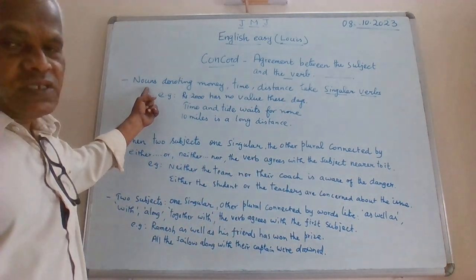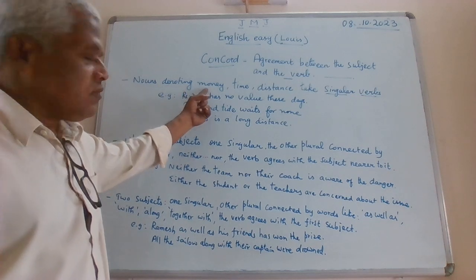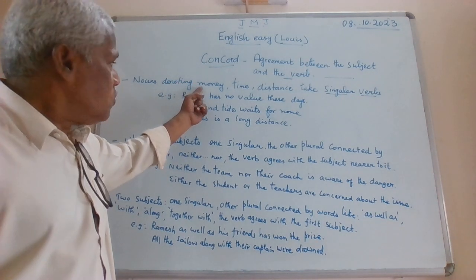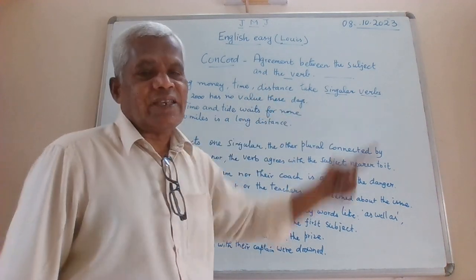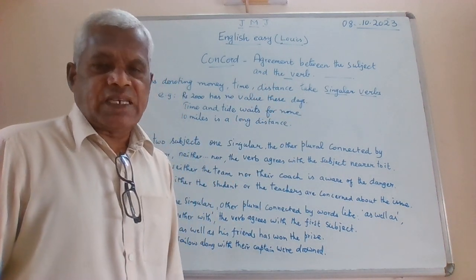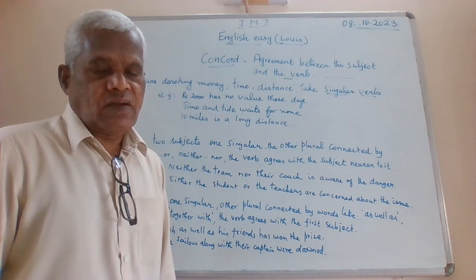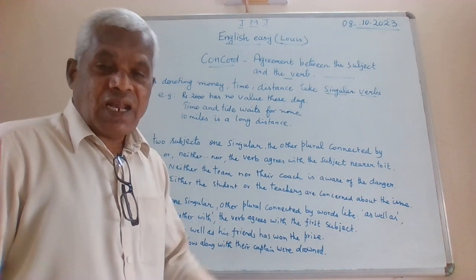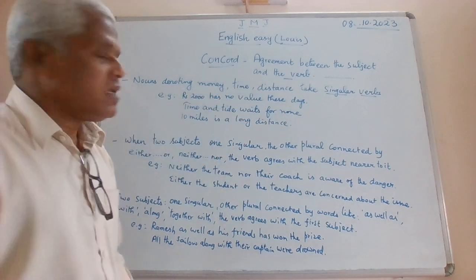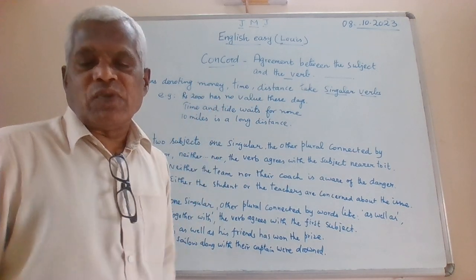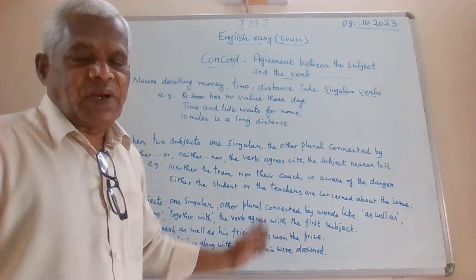Remember, nouns denoting, which means referring to, money, time and distance, take singular verbs. They take singular verbs. Okay? So there are certain words that refer to money, time and distance.